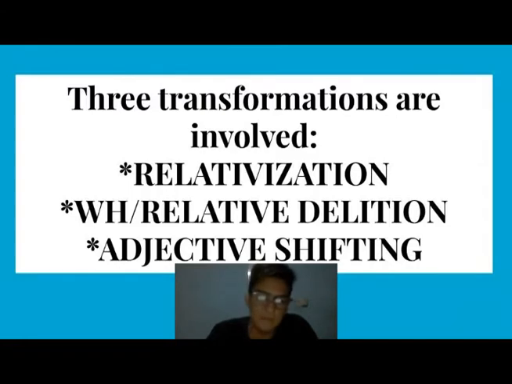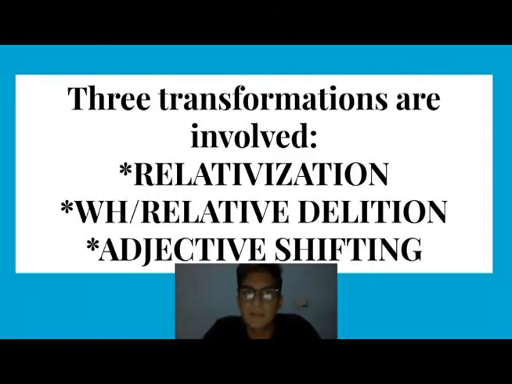In passing from deep structure to surface structure, we have three transformations involved. They are relativization, WH relative deletion, and adjective shifting. For instance, we have the sentence, I have a car, plus the car is blue.